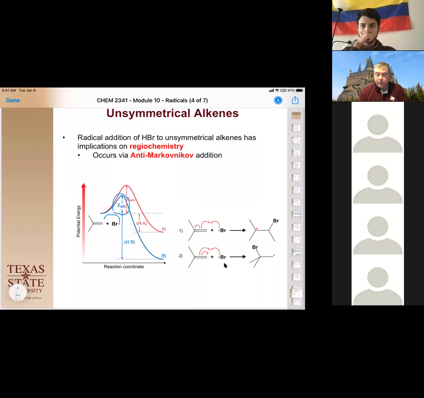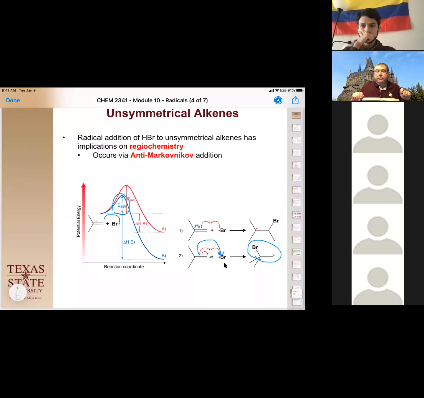We can have a radical form at the end here, and a part of the bond can form a new sigma bond with the bromine. In that case, we would get a primary radical. In the other case, if one electron goes to this tertiary side and one electron goes to form this new sigma bond with bromine, we get a tertiary radical.